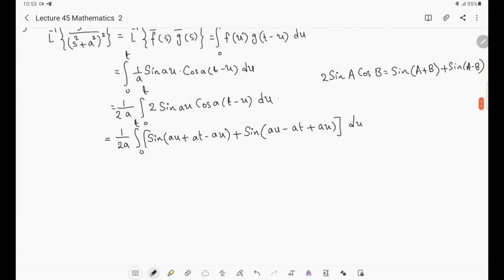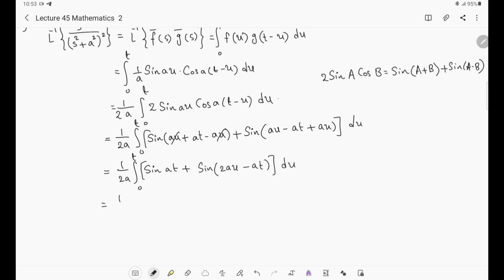Now we have to integrate this. This is equal to 1 by 2a integral 0 to t. This au and this au will get cancelled. So what will remain? Sine at will remain, plus sine of au plus au, that is 2au minus at, into du.